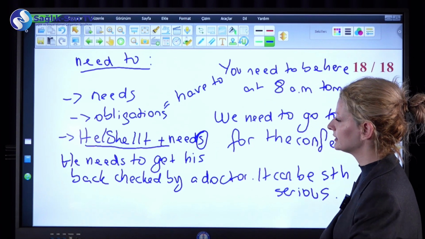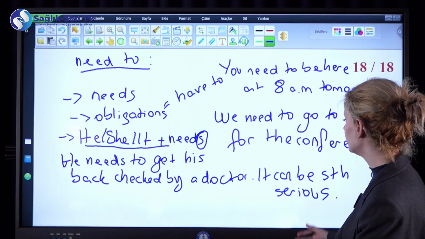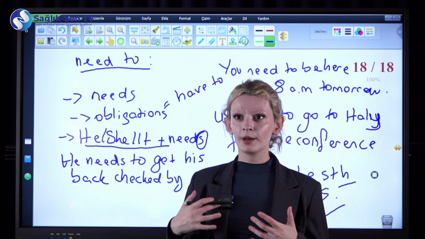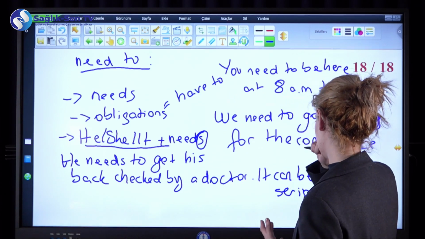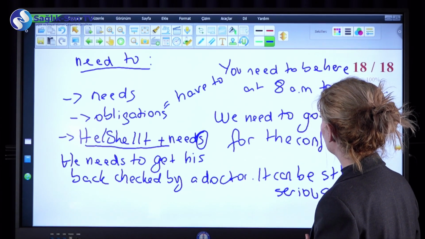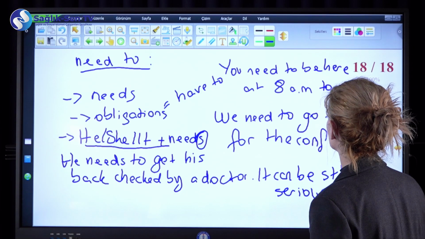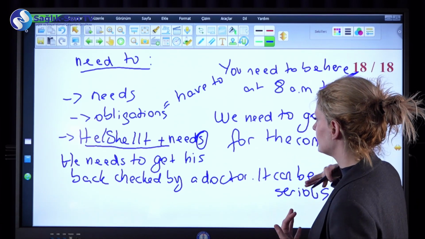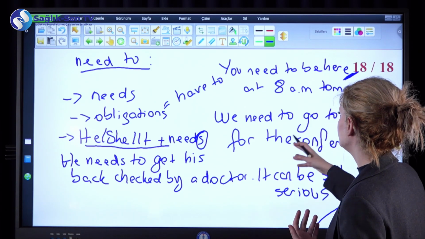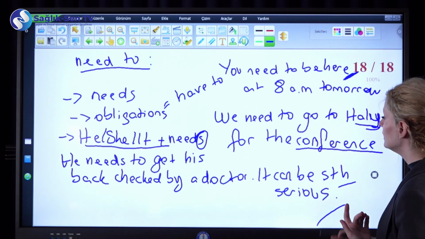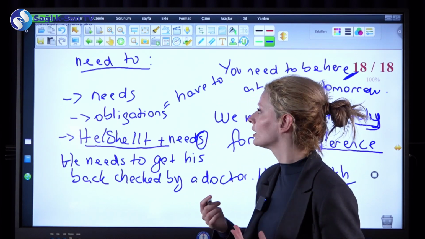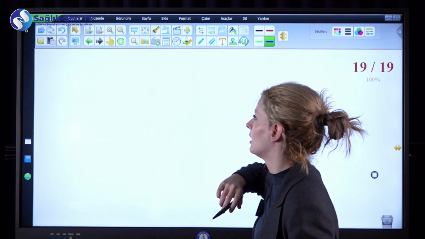He needs to get his back checked by a doctor. It can be something serious. We're talking about a need in this example. You need to be here at 8 a.m. tomorrow. This one, you can sense that this is an obligation from outside. We need to go to Italy for the conference. Again, an obligation that is coming from outside.